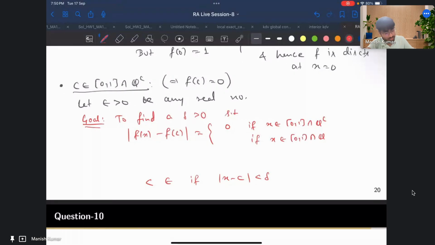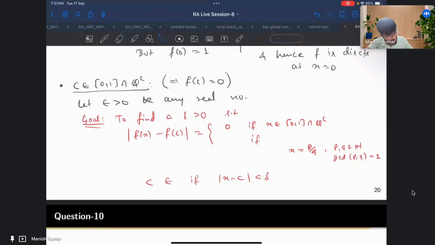But if my x is a rational number, so suppose x belongs to (0,1) intersection Q, this means that x will be equal to p by q, where p, q belong to N and GCD of p, q is equal to 1. This is something I am assuming.